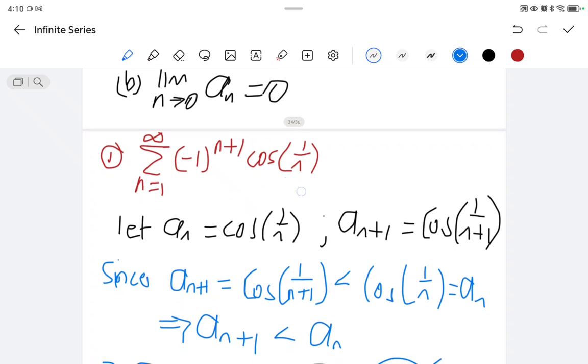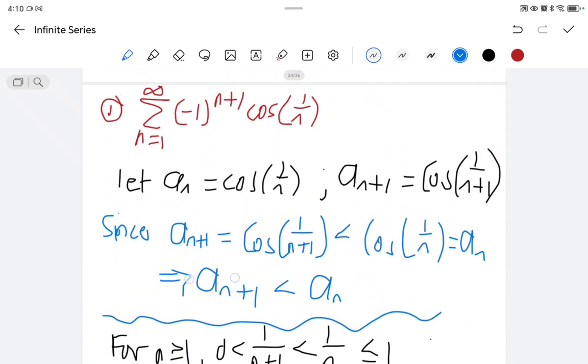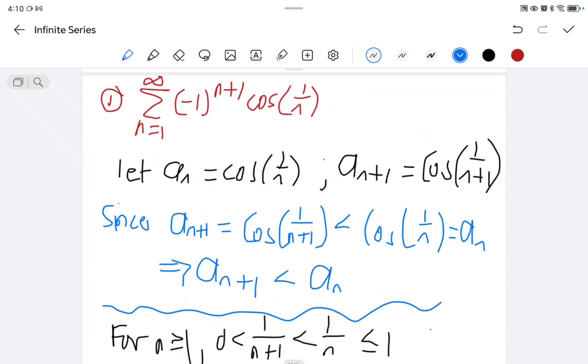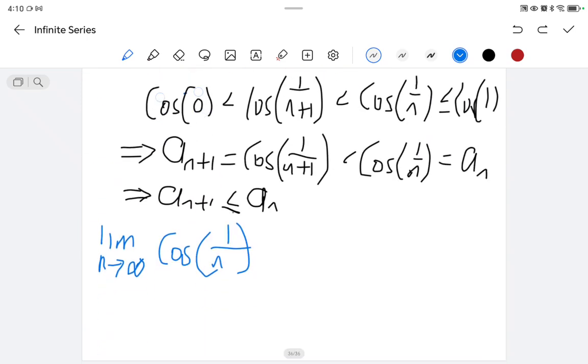a of n, right? So it means that our a of n is cos of 1 over n, like this, right? So this would be cos of the limit as n approaches infinity of 1 over n.